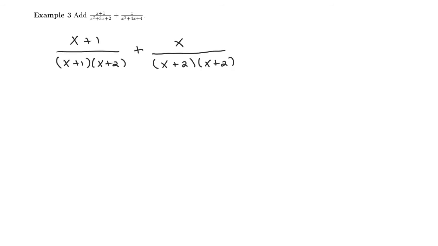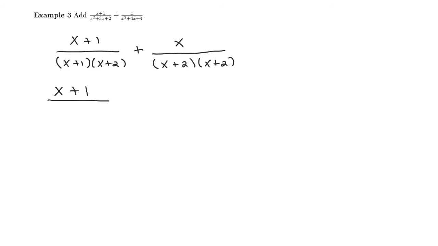And if you look at both of your denominators, you just have to ask what is missing from both. So if I look at this first one here, let's see, there's an x plus 2 and x plus 1. I need a second x plus 2. So let's rewrite the first fraction. This is going to be x plus 1.